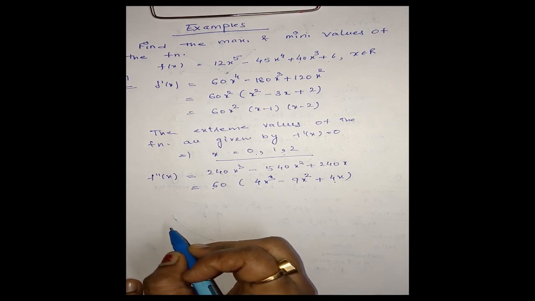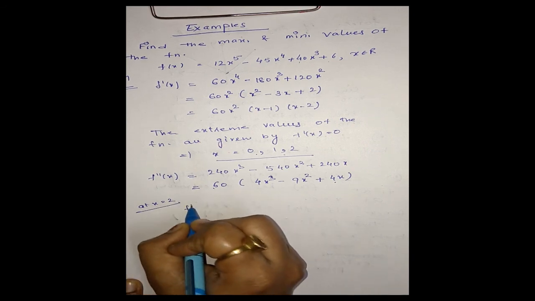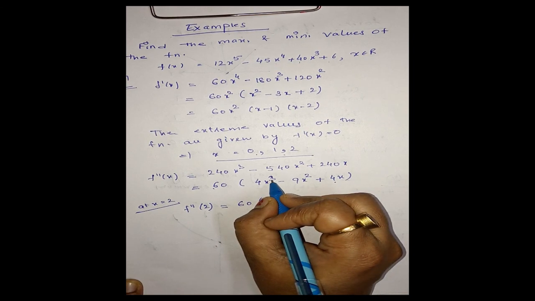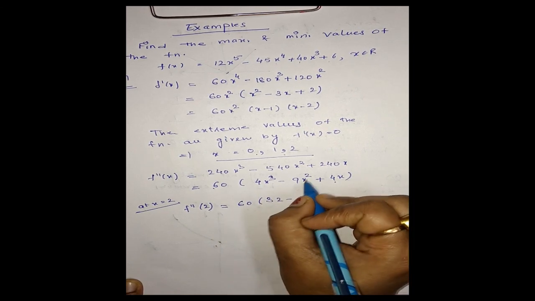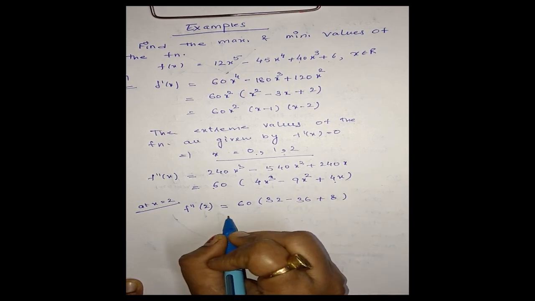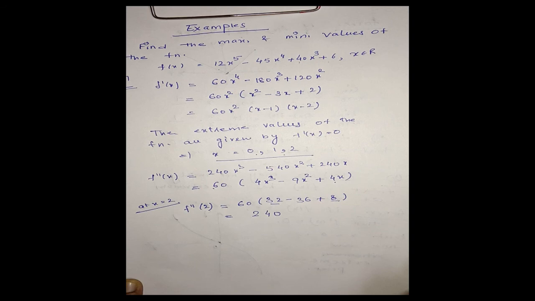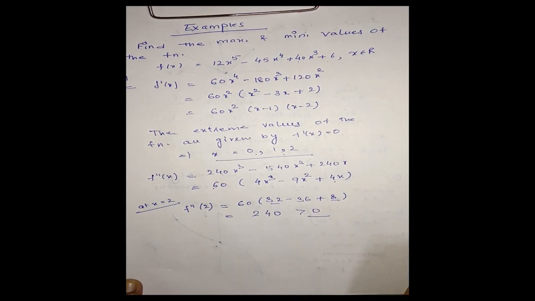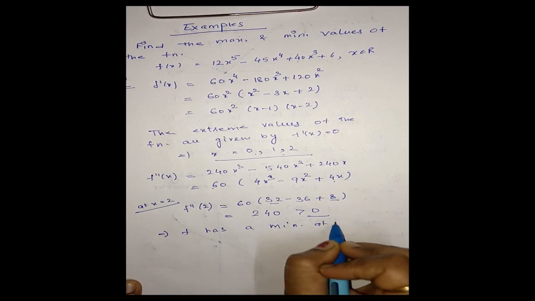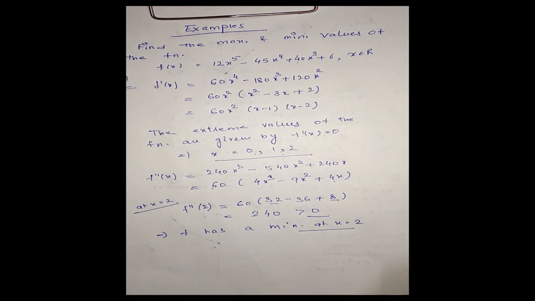Now f at x equal to 2. f double dash at x equal to 2 is equal to 60(32 - 36 + 8), which is positive. That means f has a minimum at x equal to 2, using the second derivative test.